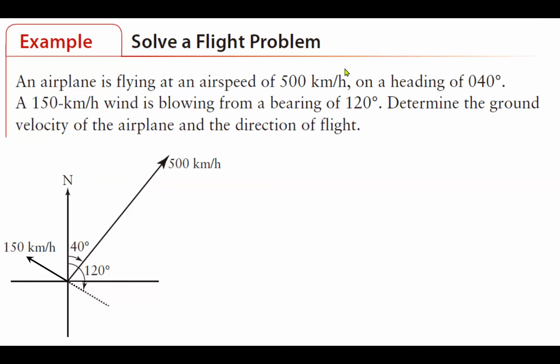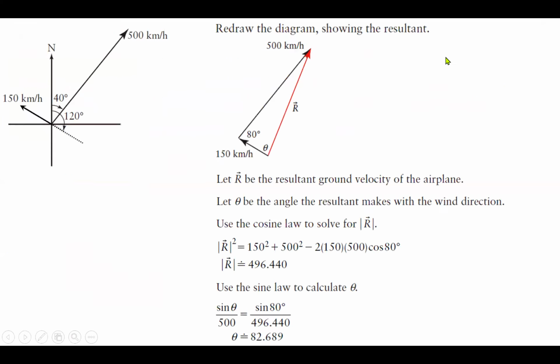Okay, have we finished? Let's have a look at the solution. So we can redraw the diagram showing the resultant, like in here. We can let our vector r be the resultant ground velocity of the airplane, and let theta be the angle the resultant makes with the wind direction.